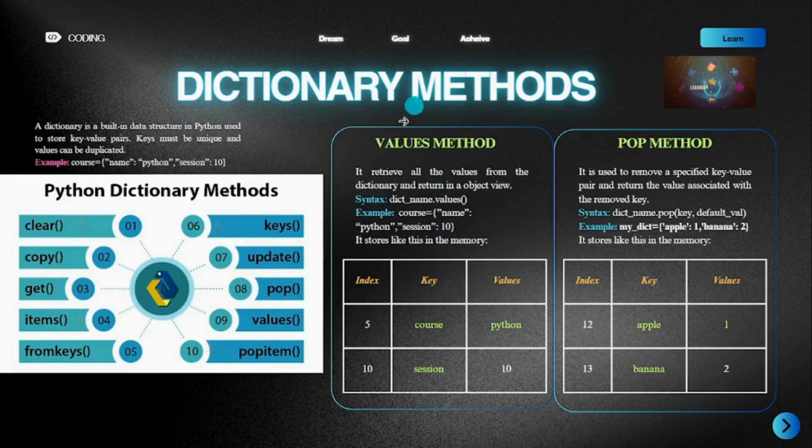At that time we will use the values method in Python. When coming to the pop method, whenever we want to remove a specific element from the dictionary, we will use the pop method in Python. For better understanding, we will have a practical view so that you will better understand the methods.